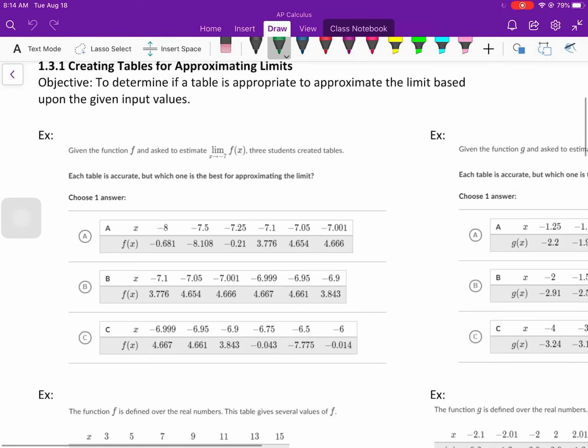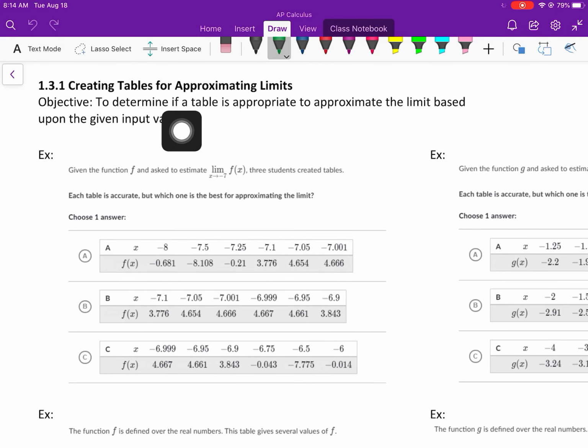Now remember, what's important for this next one, if you read our objective, is to determine if a table is appropriate to approximate the limit based upon the given input values. So we really want to focus on this table and think, are these values getting infinitesimally close to the number that we're looking for? We don't want it to be far away from the number.